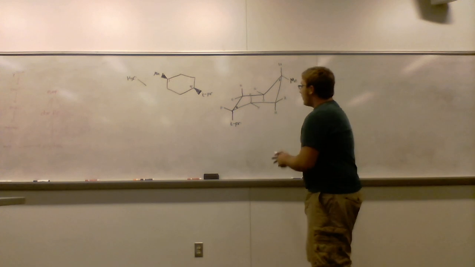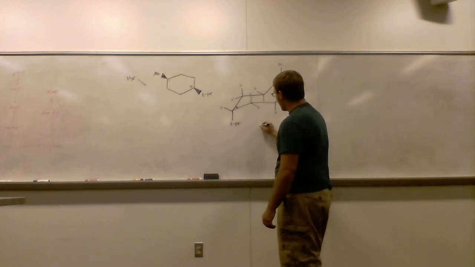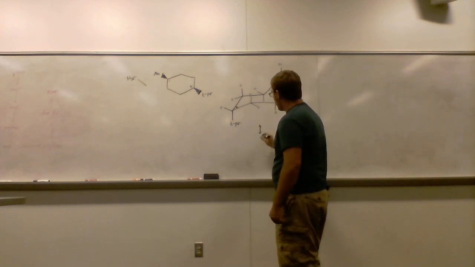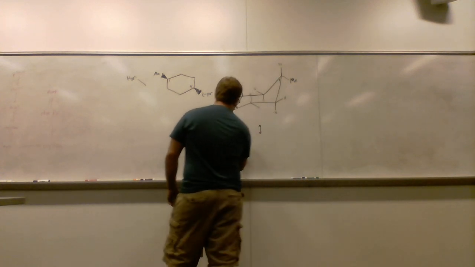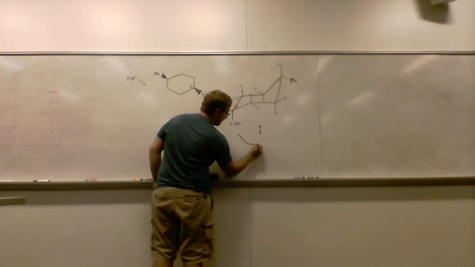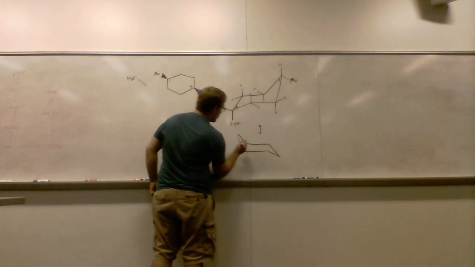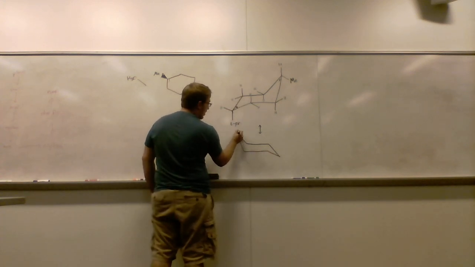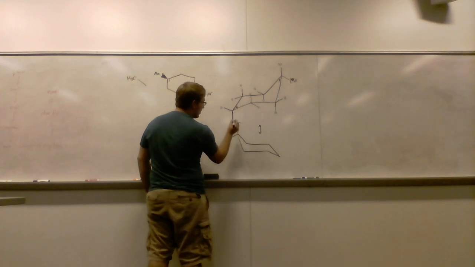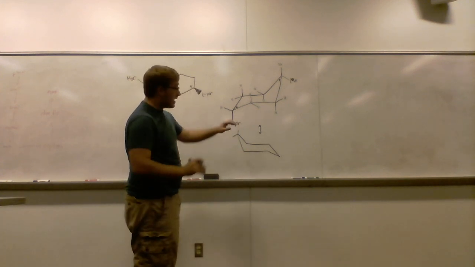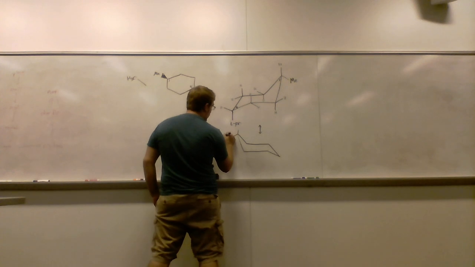Okay. And now we can do a chair flip. Right? So now when we do our chair flip, isopropyl was originally in an axial position, but now it's in equatorial.